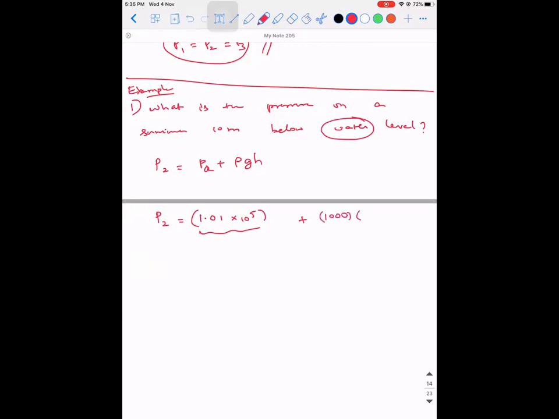So density of water is 1000 into G. If I take it as 10, height is 10 meter. Got it? Yes, sir.